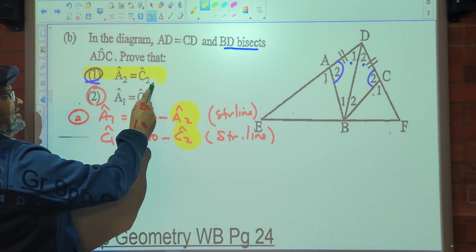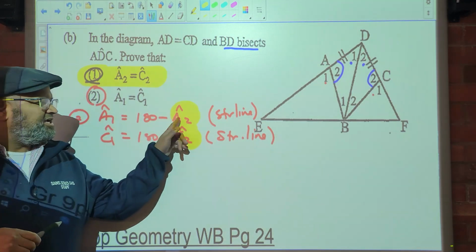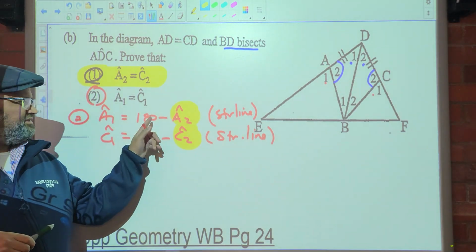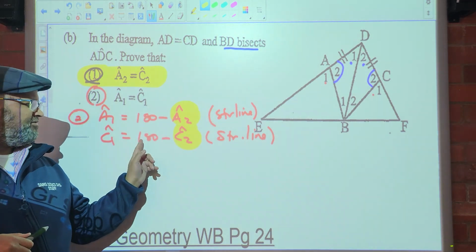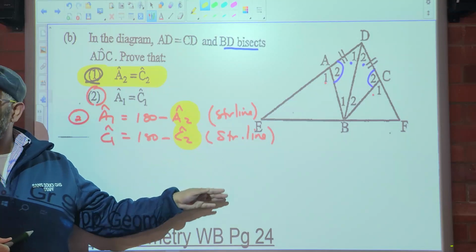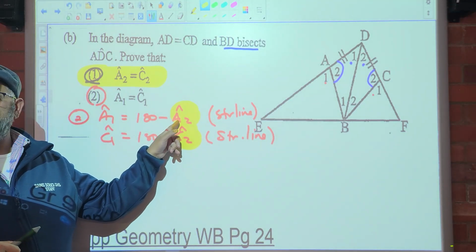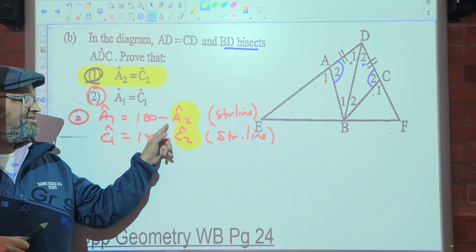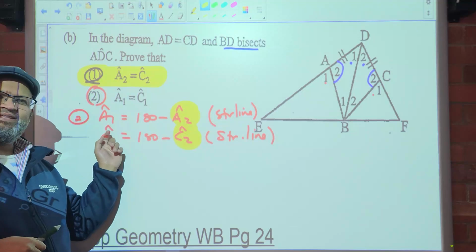We just proved that now. So say for argument's sake, A2 was 80. Then that would have been 180 minus 80, which is 100. And this would have been 180 minus 80, which is 100. What if A2 was 20? It would have been 180 minus 20, which is 160, the same values.